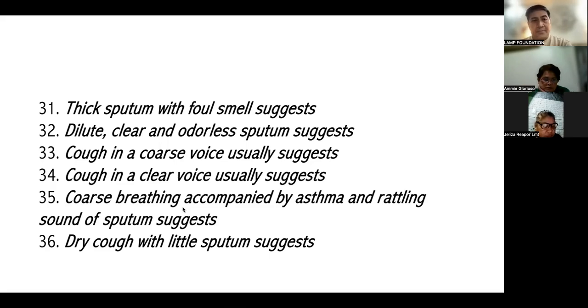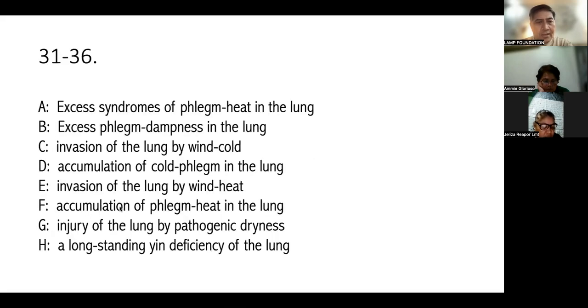Number 32, dilute, clear, and odorless sputum suggests letter D, accumulation of cold phlegm in the lungs. Dilute, clear, odorless. Walang amoy, odorless. Kasi walang heat, no? Ngayon, alam niyo na yung pagkakaiba, di ba?